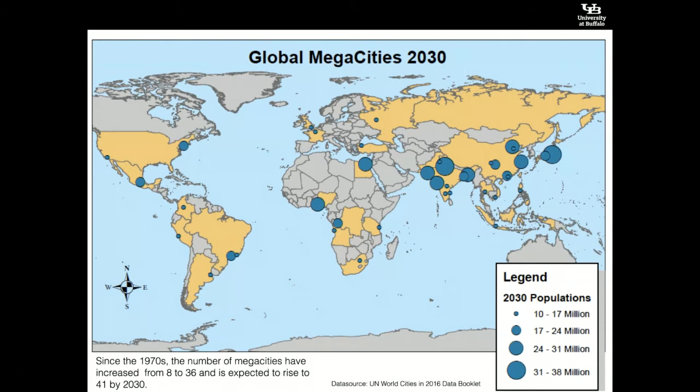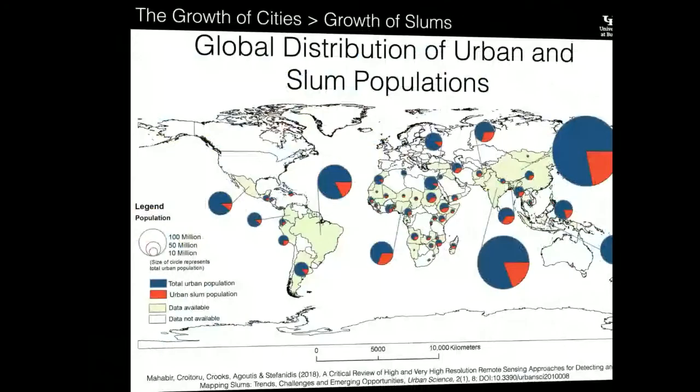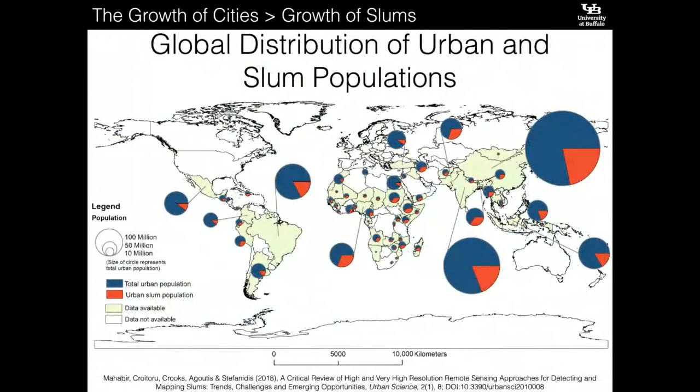Combine this growth of megacities with the challenges urban growth brings, plus more people living in cities, like 6.3 billion, I think it is, estimated by the UN by 2050. These are really dense urban environments. Cities in general are going to be home to around 75% of the world's population. So understanding the growth of cities is a real challenge.